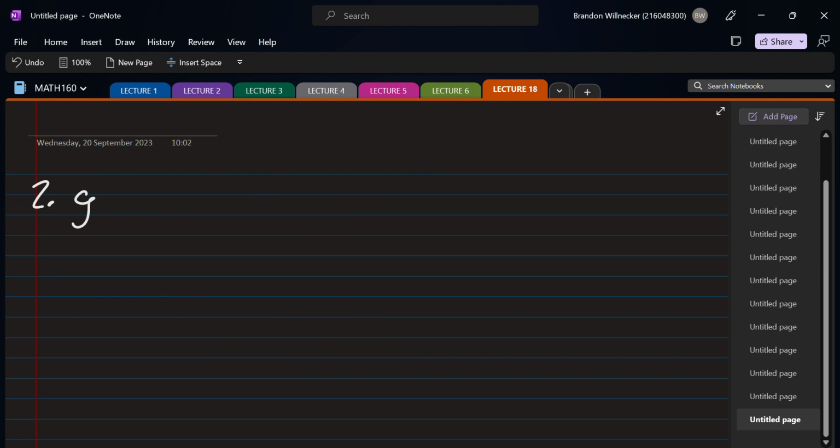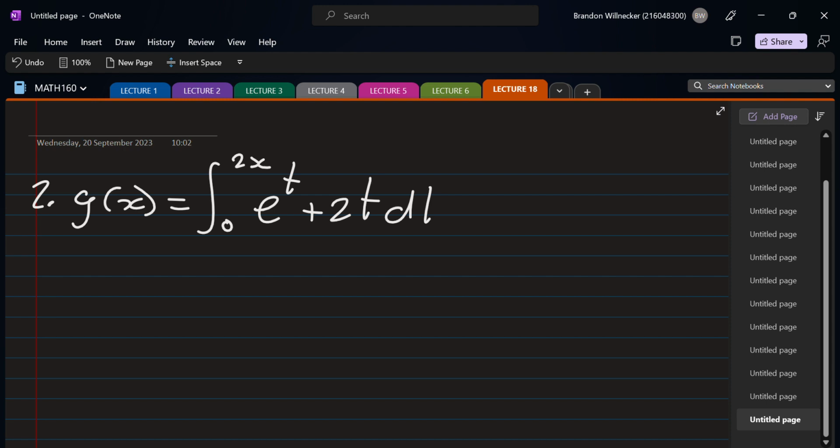Okay, we have g of x is equal to the integral from 0 to 2x, e to the t plus 2t dt. So g prime. First bit we substitute in. So you can think of that 2x as the u, so you would substitute the u in, and then you'd have the du by dx at the end. So that would be e to the 2x.